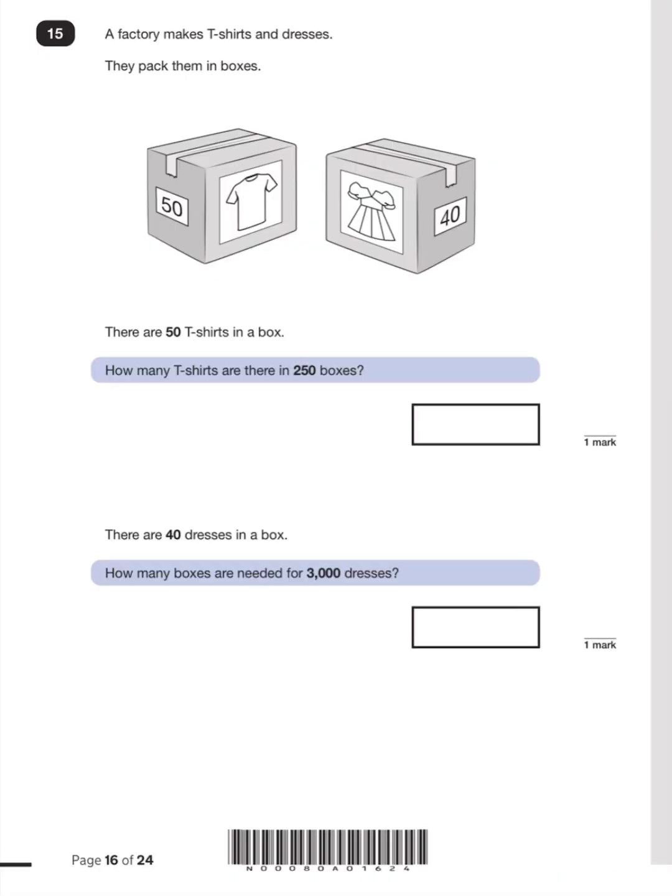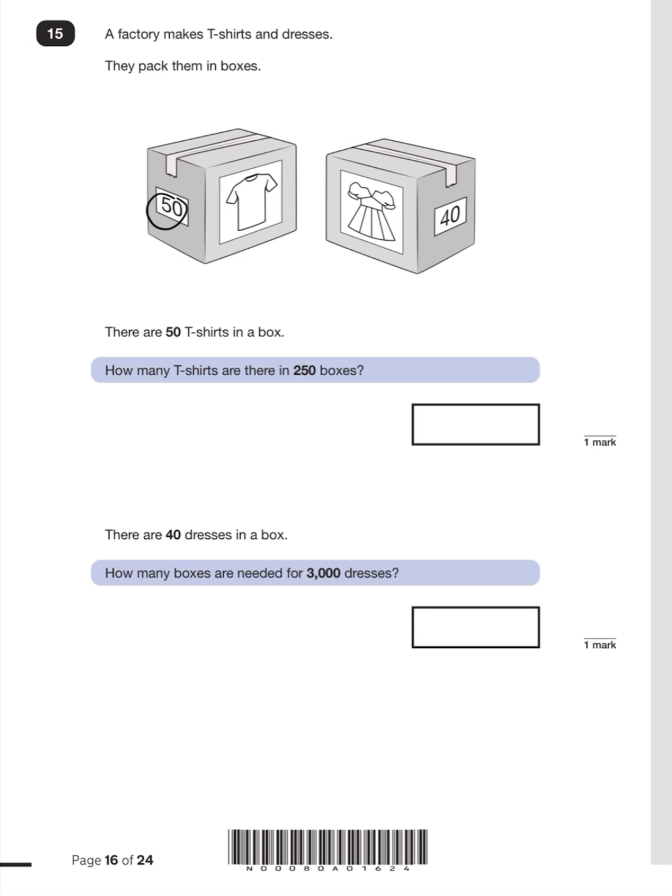Number 15. A factory makes t-shirts and dresses. They pack them in boxes. There are 50 t-shirts in a box. How many t-shirts are there in 250 boxes? So there's 50 in one. We're looking for 250.